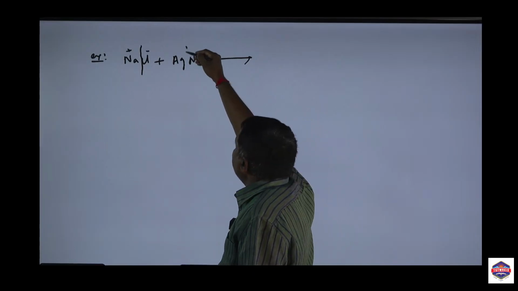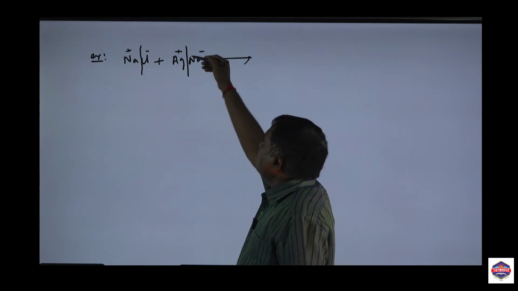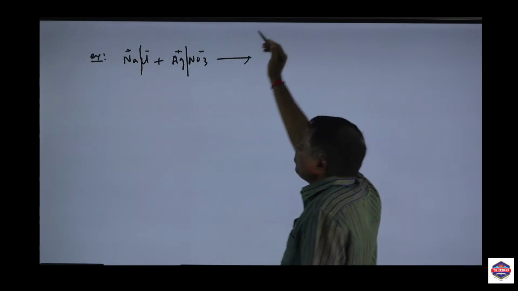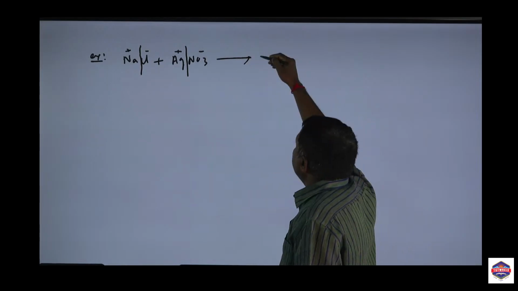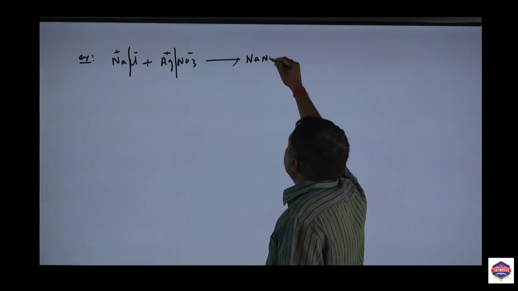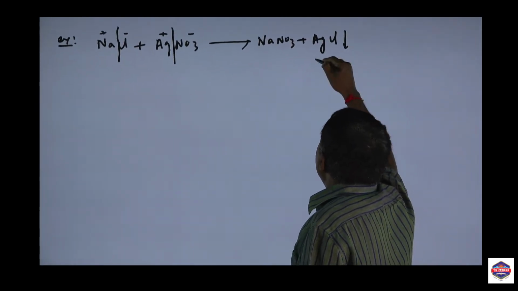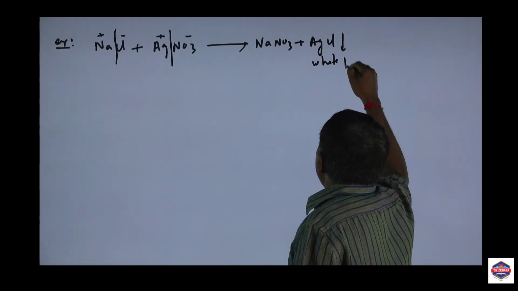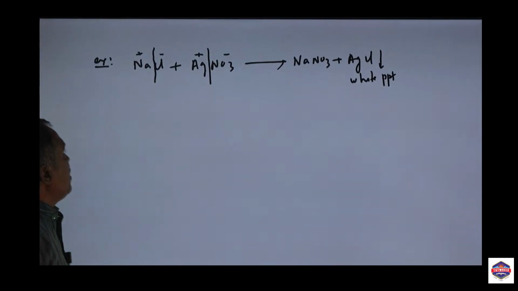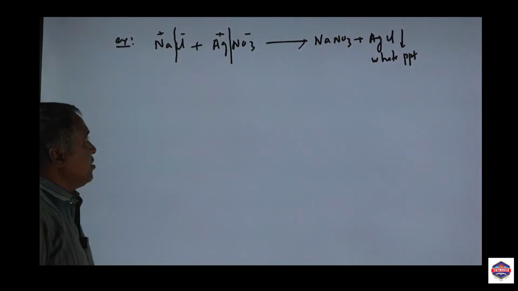And also here this is Ag plus and this is NO3 minus. That's why all these are already separated. That's why the reaction takes place within a fraction of seconds. So you will get NaNO3 plus AgCl. AgCl is a white precipitate. That's why it is a very fast reaction. It is an ionic reaction and an example of a very fast reaction.